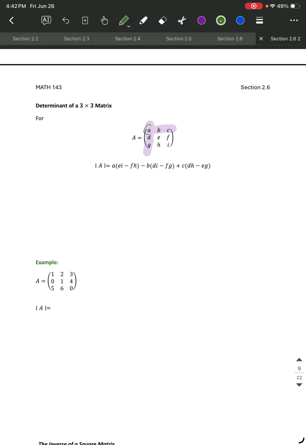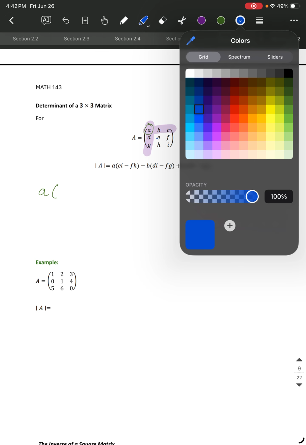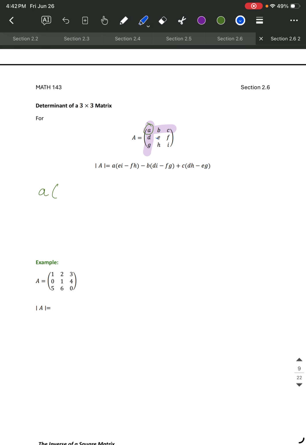Then take the first leading value A times, now we have a 2 by 2 matrix remaining here, right?